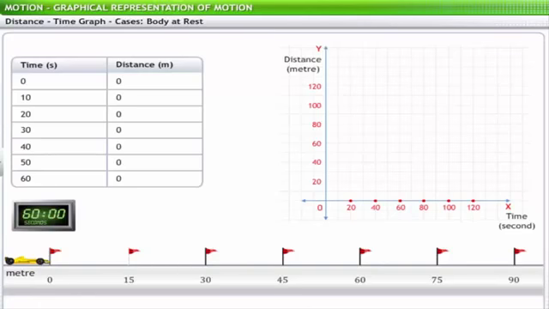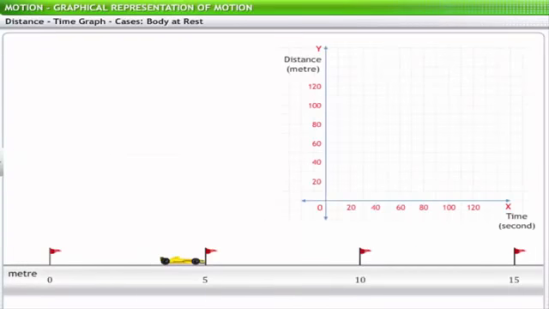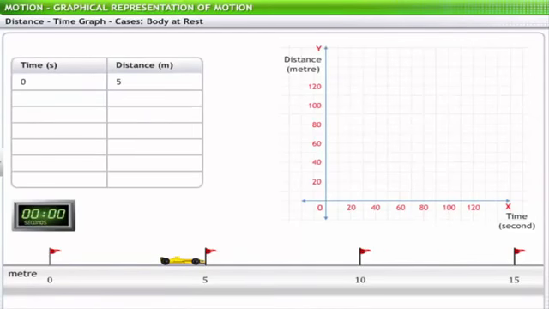The distance-time graph for such a body at rest is plotted as a straight line along the x-axis. However, consider a situation where the body has already travelled a distance of 5 meters. When we start analysing data on its movement, it means that the body is at 5 meters at 0 seconds. If the body continues to be at the same position for the rest of the time, then the graph is a straight line parallel to the x-axis.